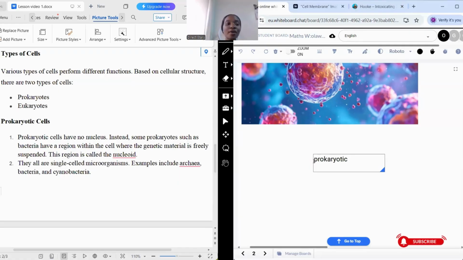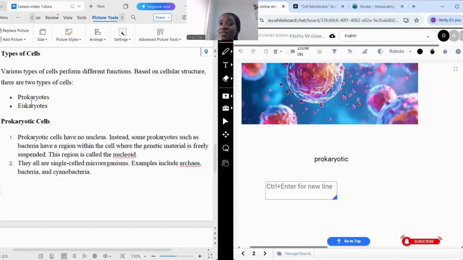Examples of organisms that exhibit this kind of cell are the bacteria and the archaea. So why are they called prokaryotic? They basically have no nucleus in their cells, and they have just a few scattered organelles.